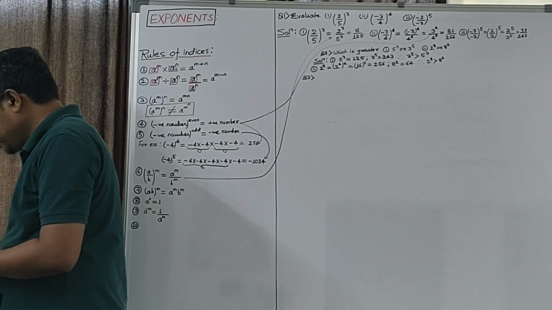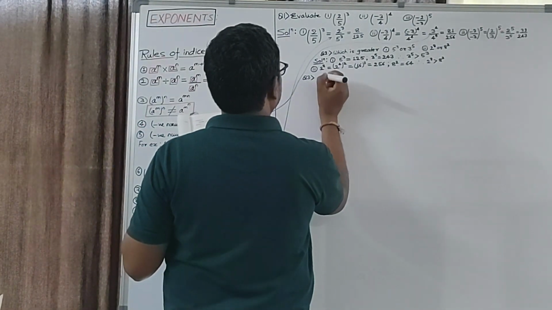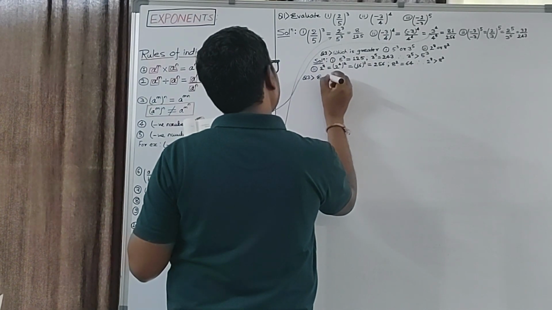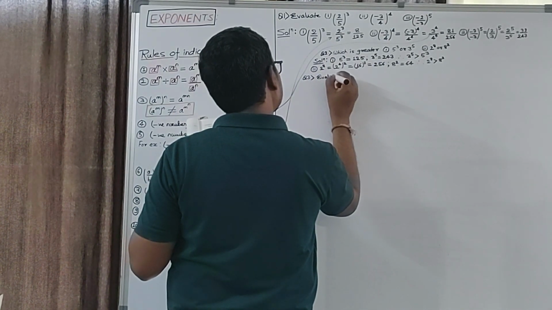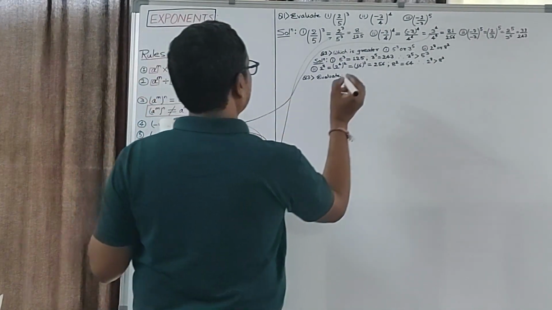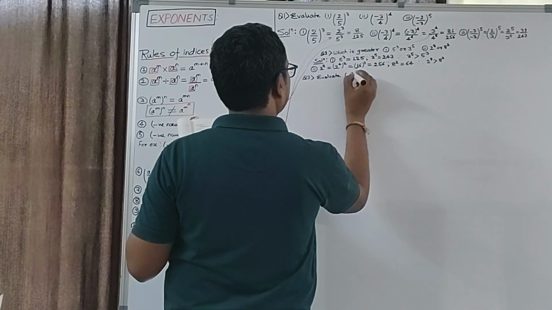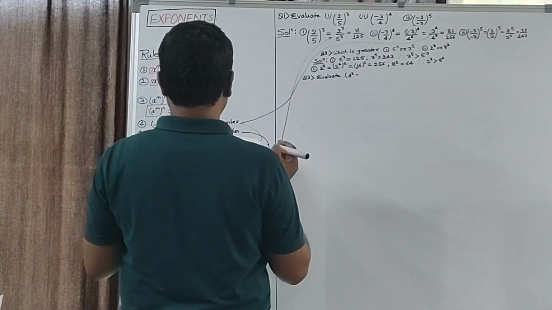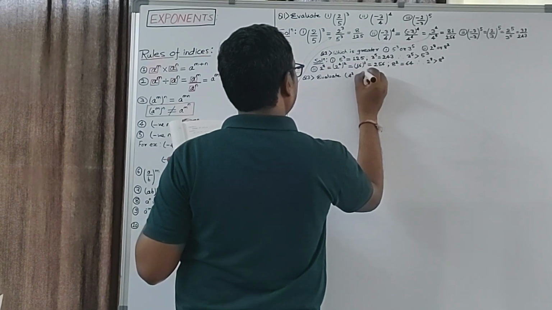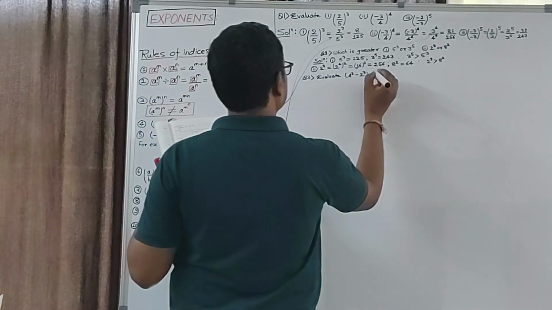Here is a simple question, and again it says evaluate. It is asking us to evaluate 4 square into 2 cube minus 2 cube into 3 square.